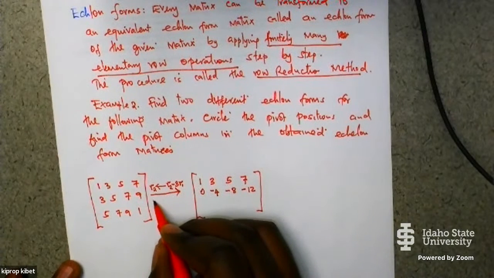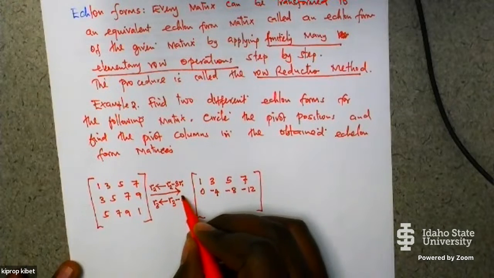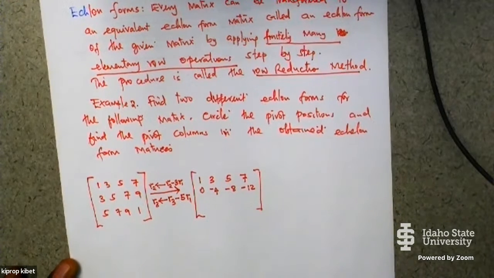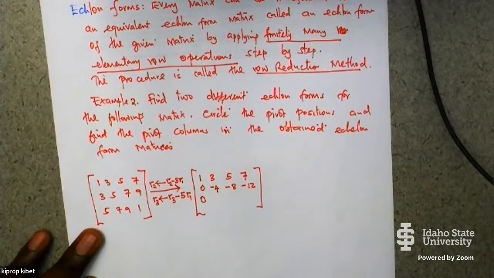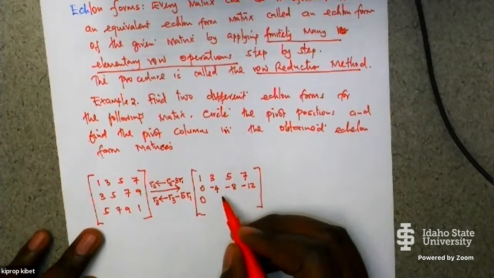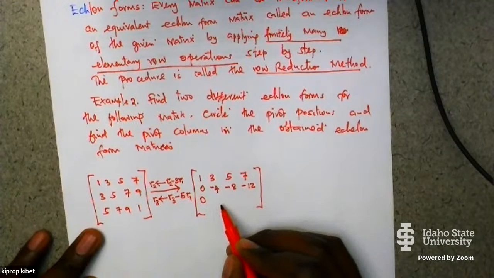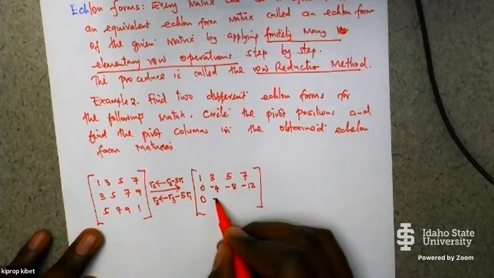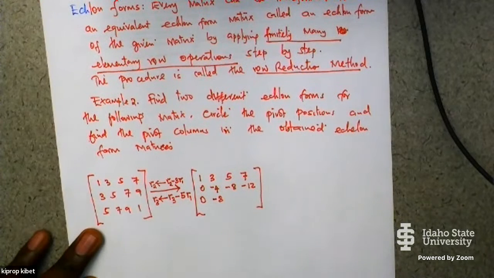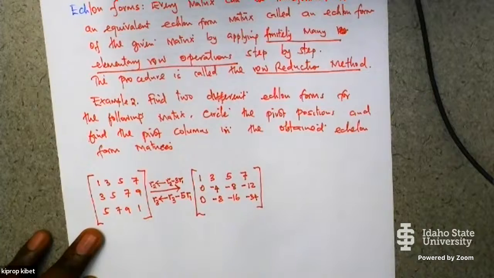So the new R3 is R3 minus 5 R1. 5 minus 5 is 0. 7 minus 15 is negative 8. 9 minus 25 is negative 16. And then 1 minus 35 is minus 34.